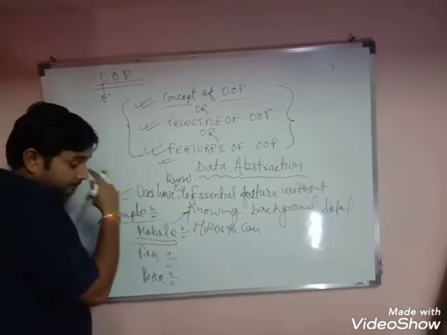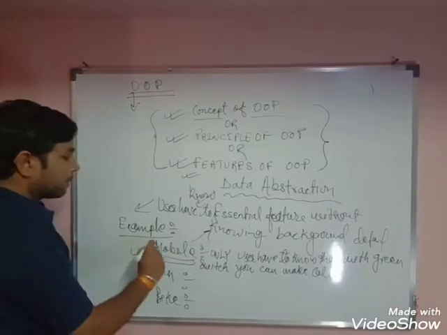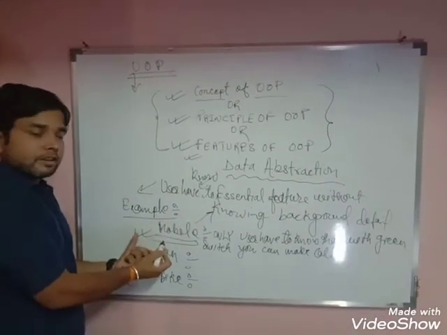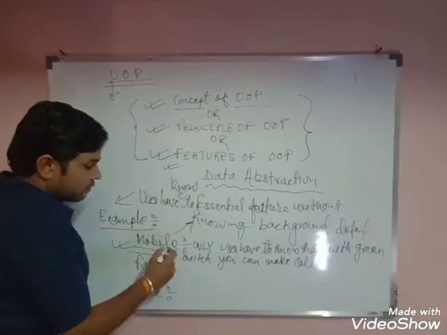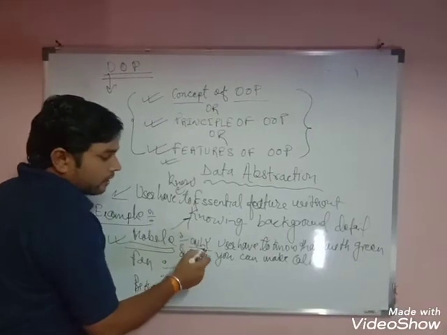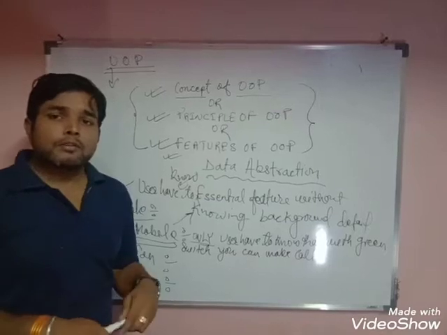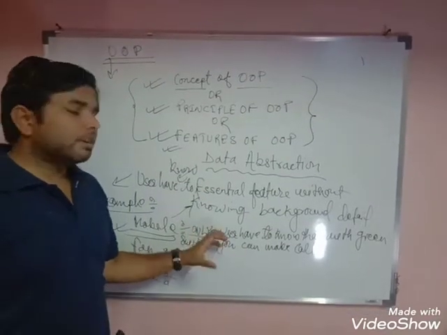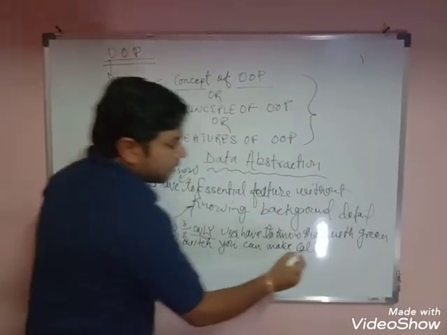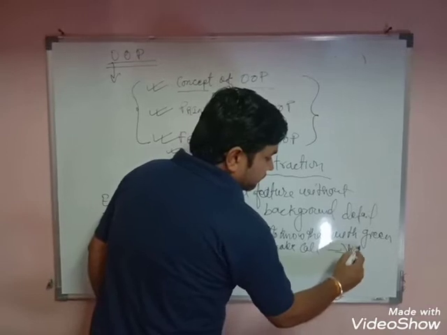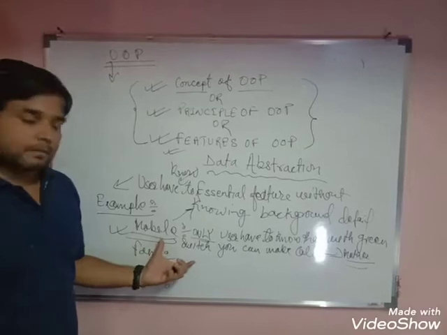The best example of data abstraction is the mobile. The user has to know only that with the green switch you can make a call. There is no need to open the motherboard to just make a call. This is the best example of data abstraction.